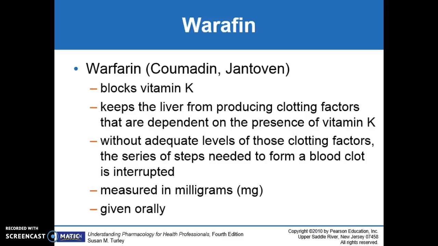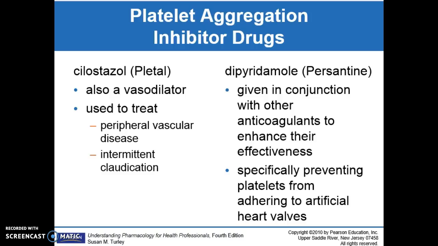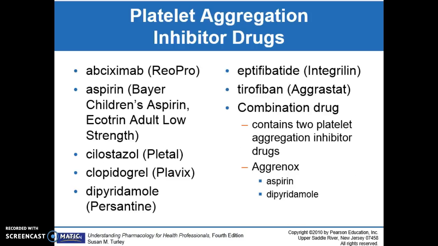And then we also have some platelet inhibitor type of drugs that you'll see. Persantine is one. Of course, aspirin. We've got Plavix. That's another very common one nowadays. You've probably seen it even advertised on TV.